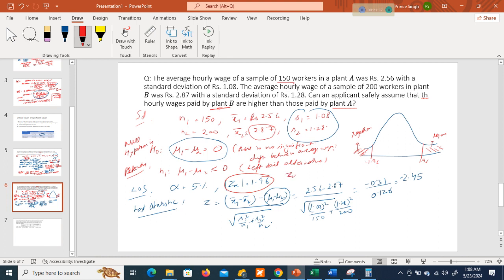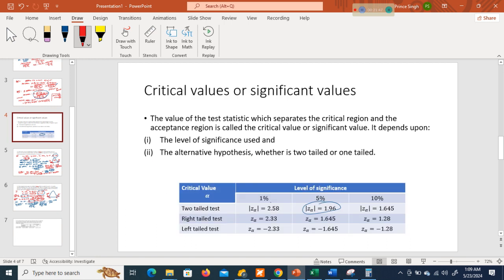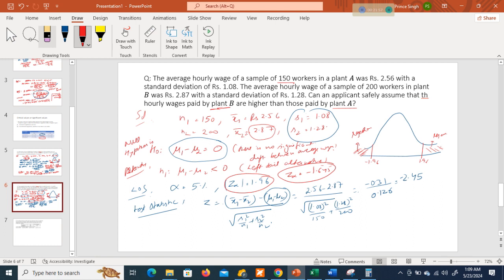So in this case Z alpha is minus 1.645. Okay, so for left tail 5% level of significance, it is minus 1.645, not 1.96, right. So in this case our 5% region of rejection is entirely in the left hand side only.